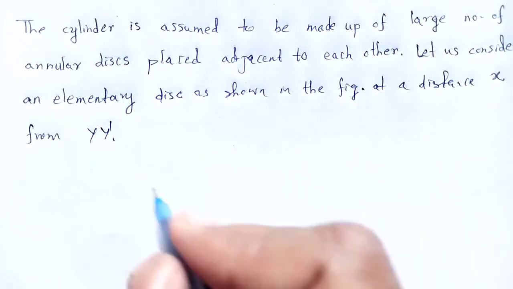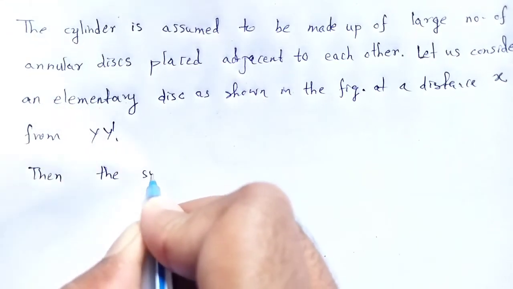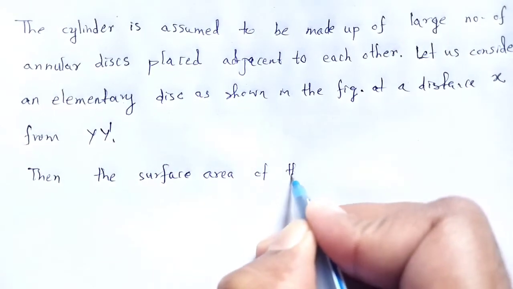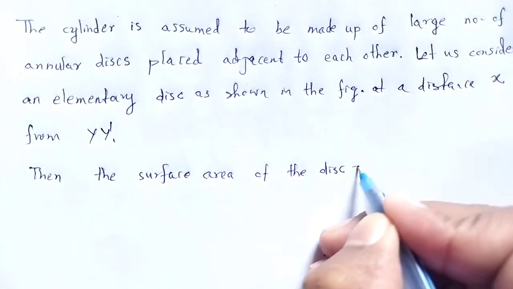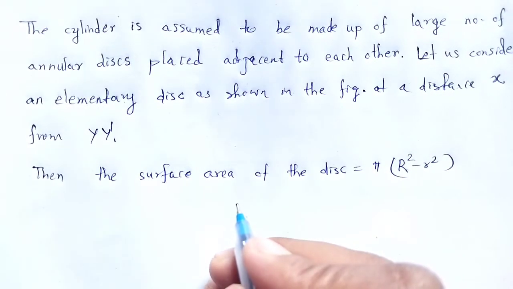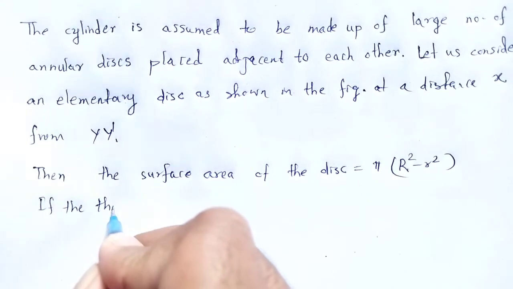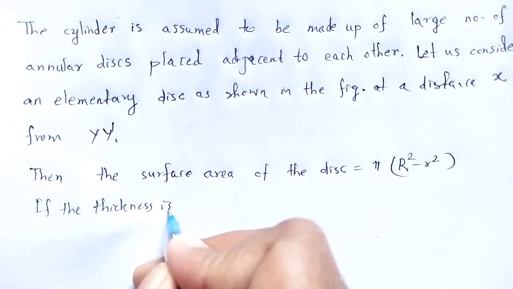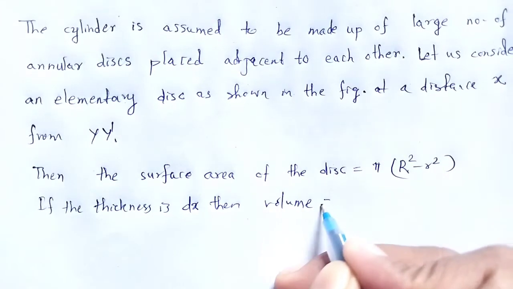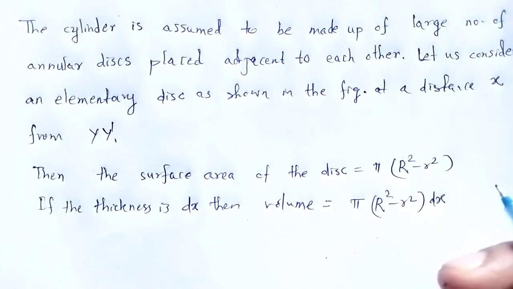Then the surface area of the disc is pi (R square minus r square). If the thickness is dx, then the volume will be area into thickness, pi (R square minus r square) into dx.